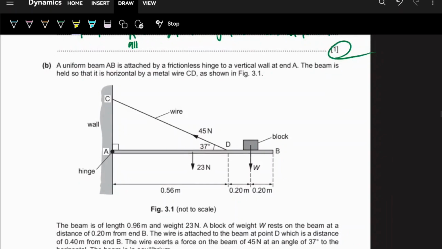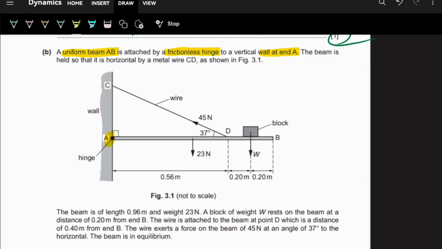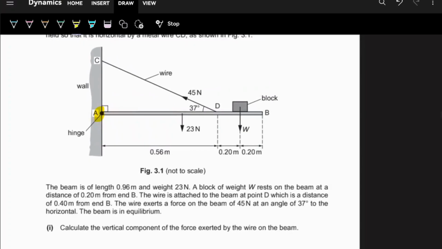A uniform beam AB is attached by a frictionless hinge to a vertical wall at A. That means it's at here. The beam is held so that it is horizontal by a metal wire CD. The beam is of length 0.96 meter and weight of 23 Newton.